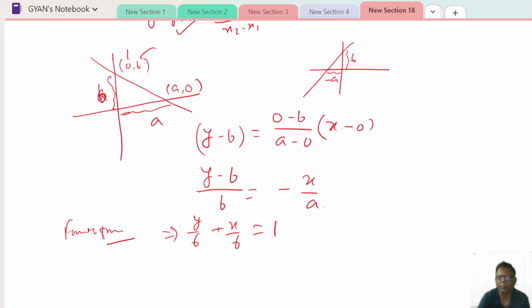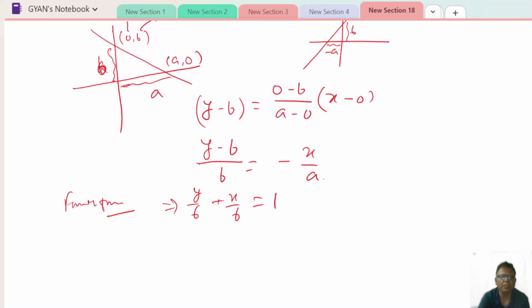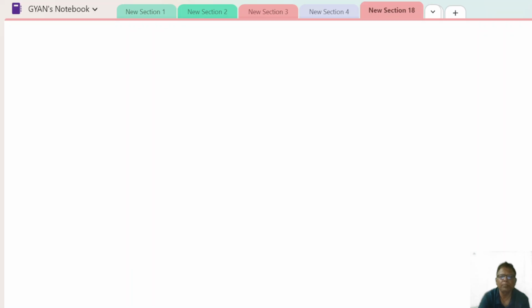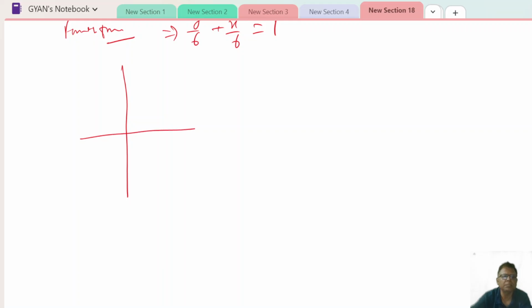Now come to the fifth form of the straight line. So what is the fifth form? Fifth form is normal form. So what is normal form? Suppose this is the x-axis, this is the y-axis. Now this is the line. Suppose one perpendicular you are drawing and the length of the perpendicular is p. And this perpendicular is making angle alpha with the positive side of the x-axis.